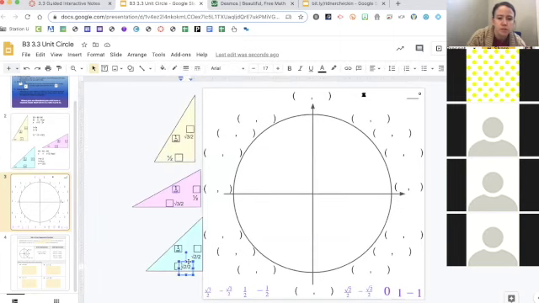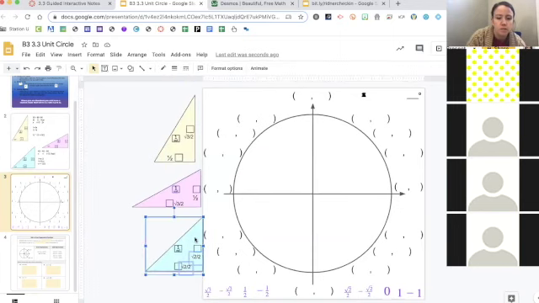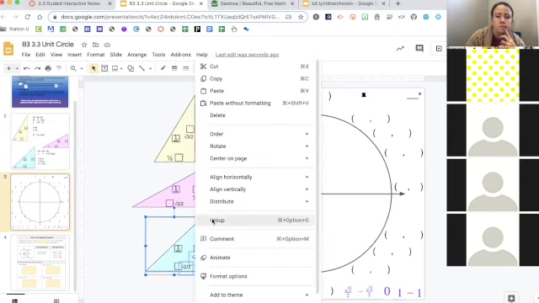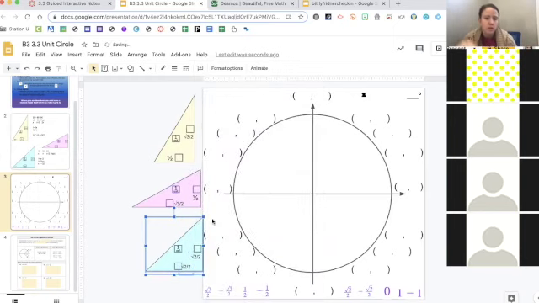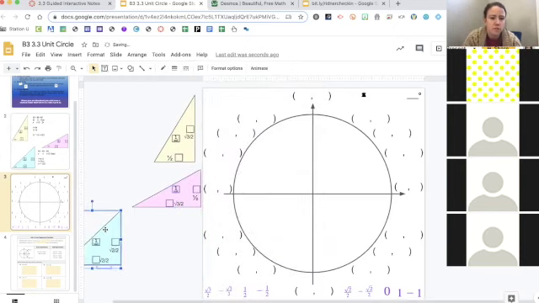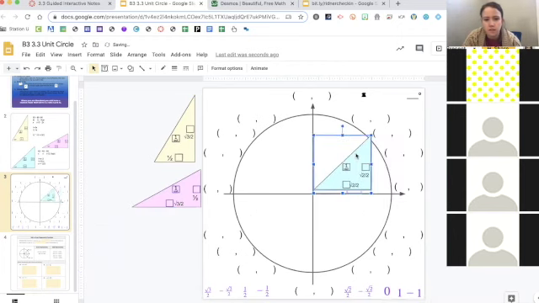I promise I'm not trying to go to that other slide that it keeps doing. Okay. So when you are finished, they should group together and float like this.